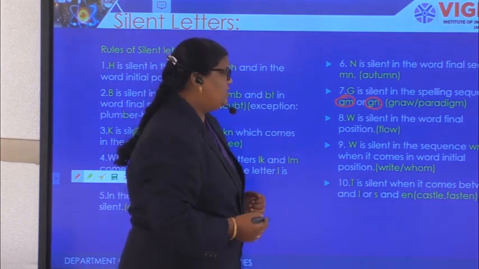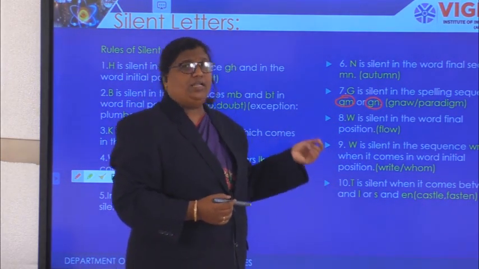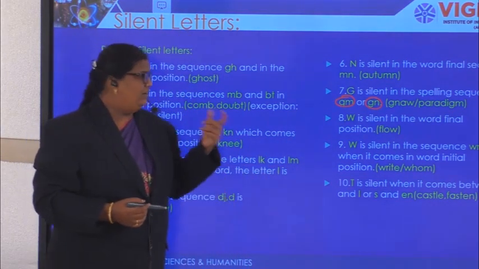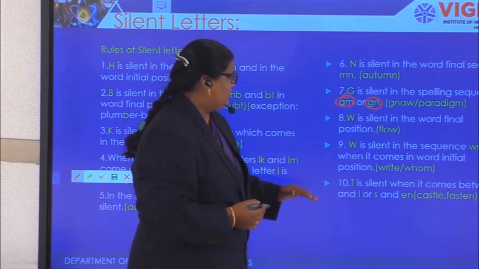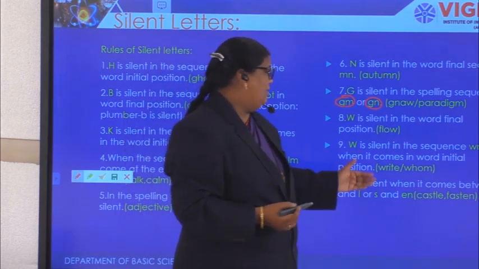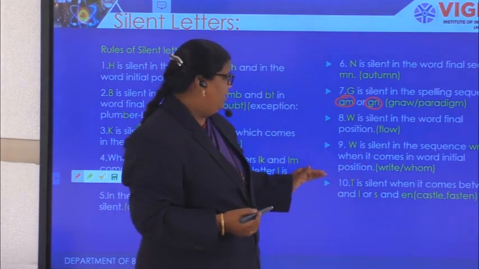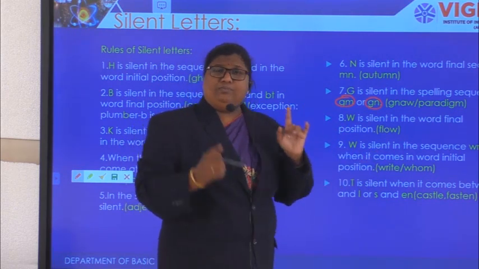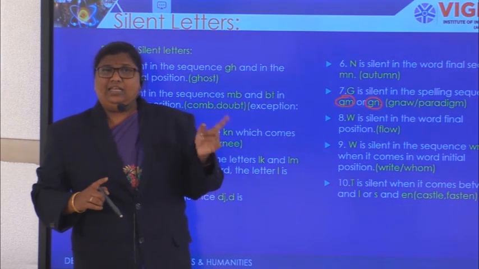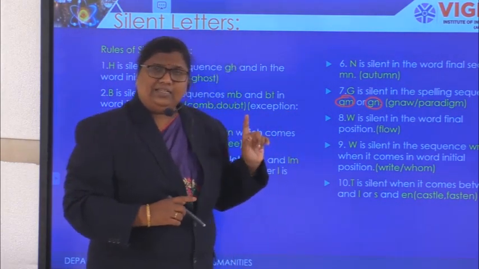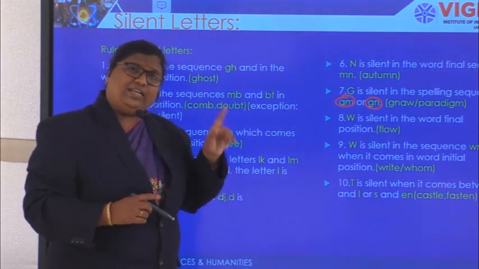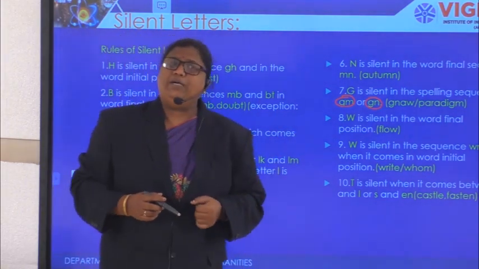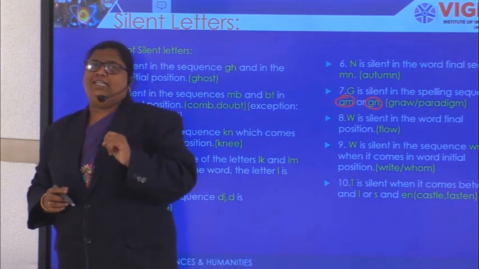And W is silent in the sequence WR or WH which comes in the word initial position, like right, whom, etc. And then T is silent when it comes between S and L and S and EN. So between S and L, if you get T, then T is silent. Between S and EN, if you get T, T is silent. So these are the 10 rules which you need to remember in order to identify silent letters.